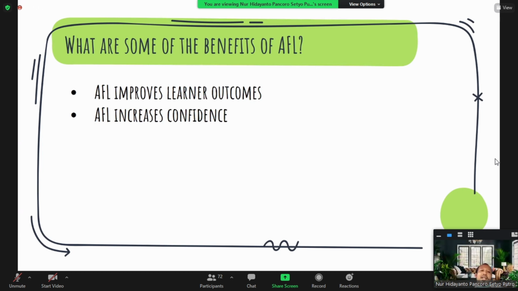The second one, assessment for learning increases confidence. When we are talking about improving learners' confidence, yes, by providing feedback to our learners, like, okay, you are pretty good, you are really great at doing this, but you need to improve this point.